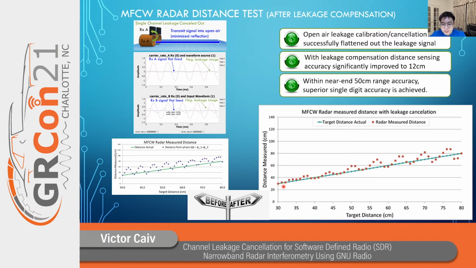As you can see, all of the points lie closer to this green line than before, especially in this near end range below 50 centimeters. We actually have single-digit accuracy below 50 centimeters. So there is a significant improvement in the radar accuracy thanks to this leakage compensation.